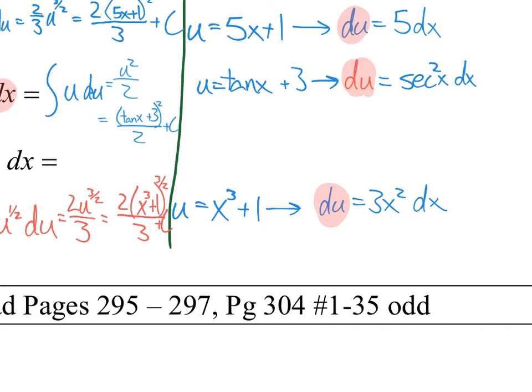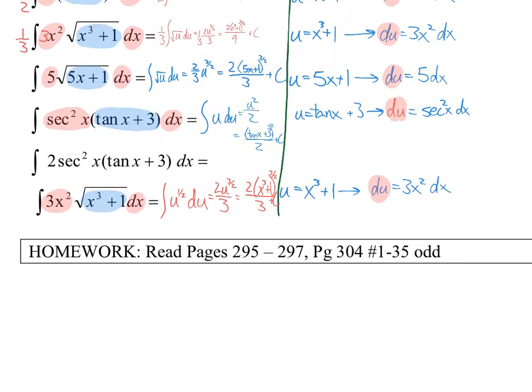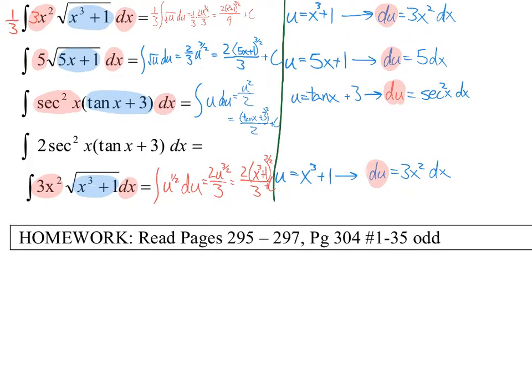And that's it. So for the one underneath that, since it's 2 secant squared x, would you have to multiply it by 1/2 inside the integral, then 2 outside the integral? You could think of it that way, or just think of it as, hey, I'm taking this 2 as a constant multiple and pulling it outside. However you think of it, it's simply going to be 2 times that integral. So it's going to end up being 2 times what we got on the previous problem.